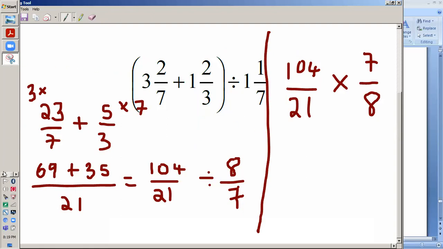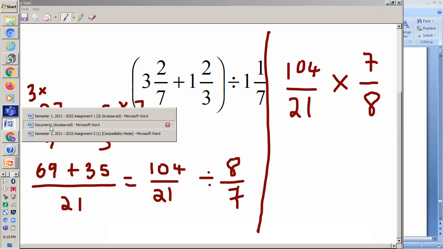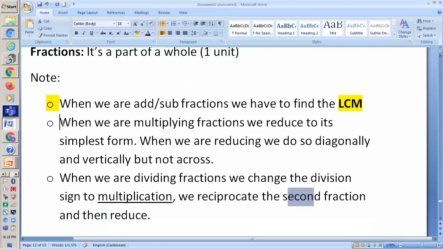All right. Let's go back to the notes. It says when we are multiplying fractions, what do we do? We reduce or break it down or cancel in its simplest form. And I also mentioned that when we are reducing, we do so diagonally and vertically, but not across.